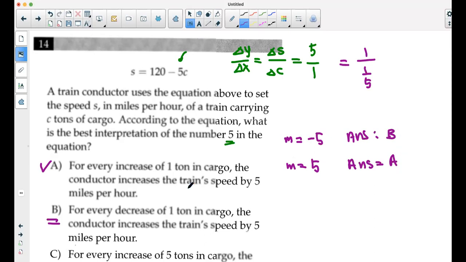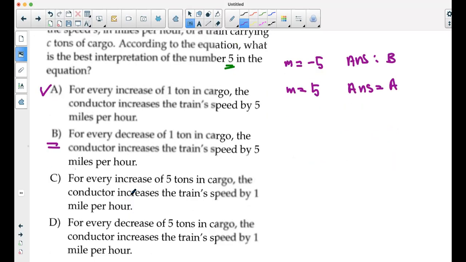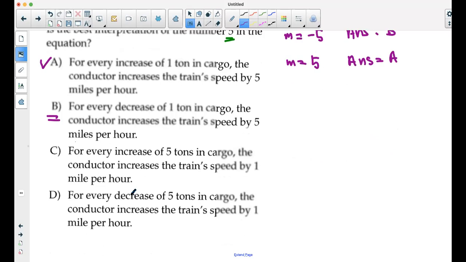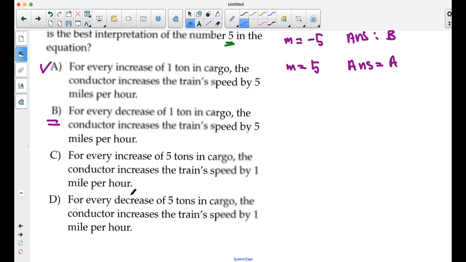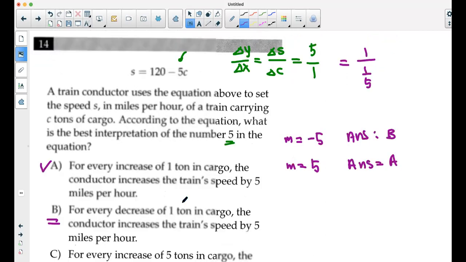Technically, if you chose A, you should have been marked right for this one. The other two just don't make sense, because when cargo increases or decreases by 5 tons, that means the denominator changes by 5, then the numerator is supposed to change by 25 because the ratio is 5 to 1. So it has to be A or B, but that's basically the breakdown of that.